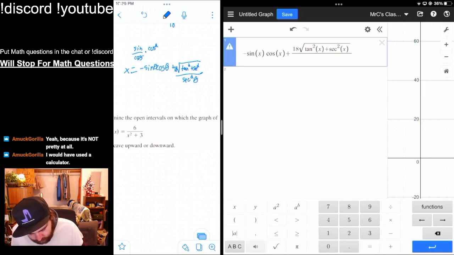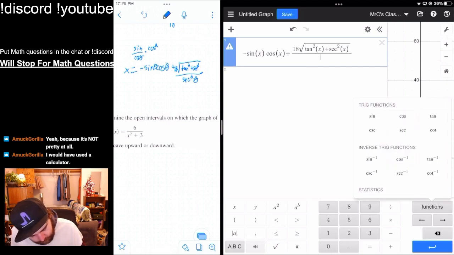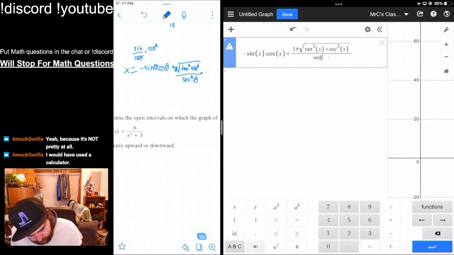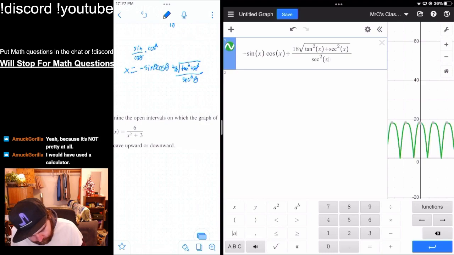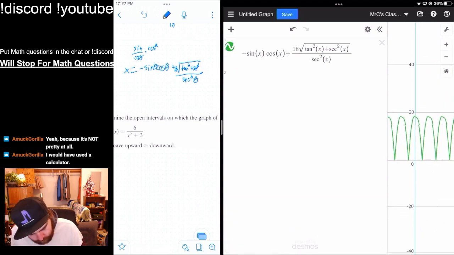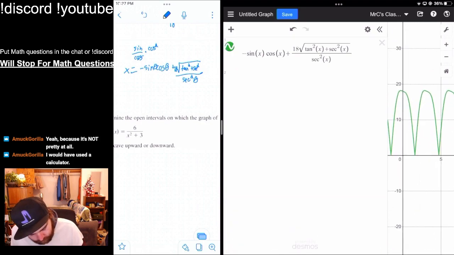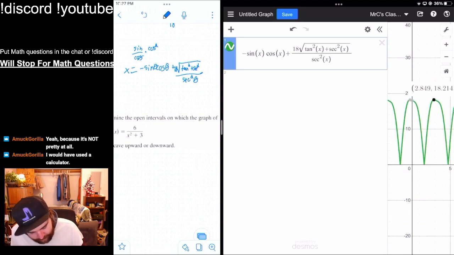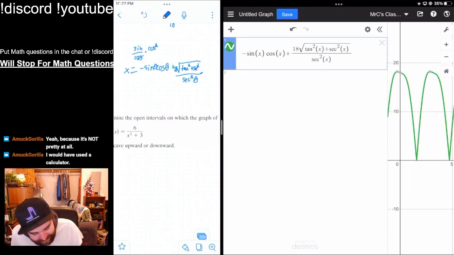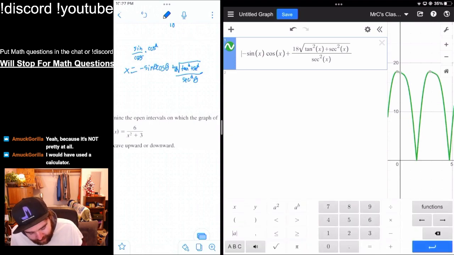I just want this one divided by secant squared. Then they want the angle that maximizes it. They're giving me 2.849. Wow.